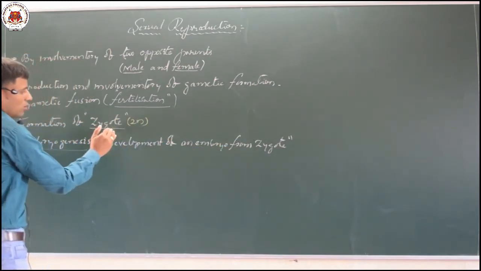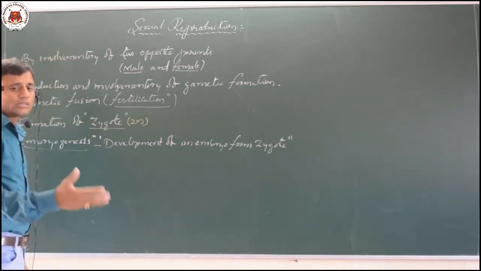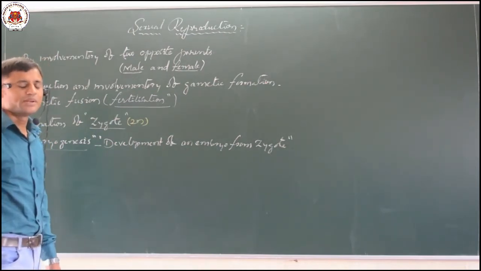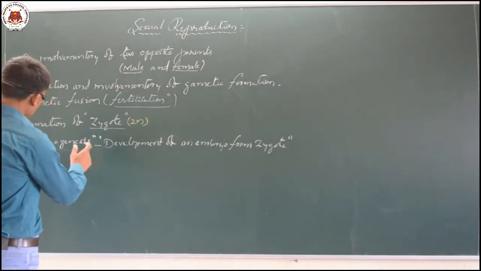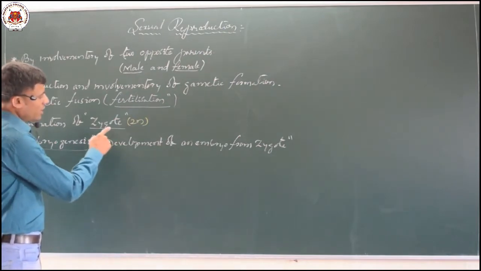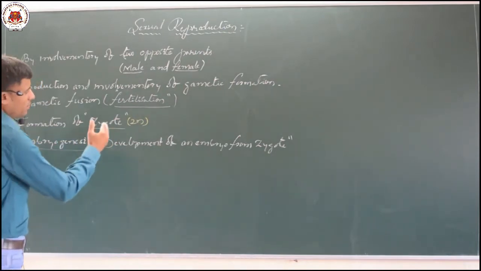The zygote undergoes cell division and cell differentiation, resulting in the formation of an embryo. Here the cell division is mitotic, that is why the embryo is in diploid condition. There is no change in the chromosome number of the newly formed embryo, because of mitotic cell division from the zygote.